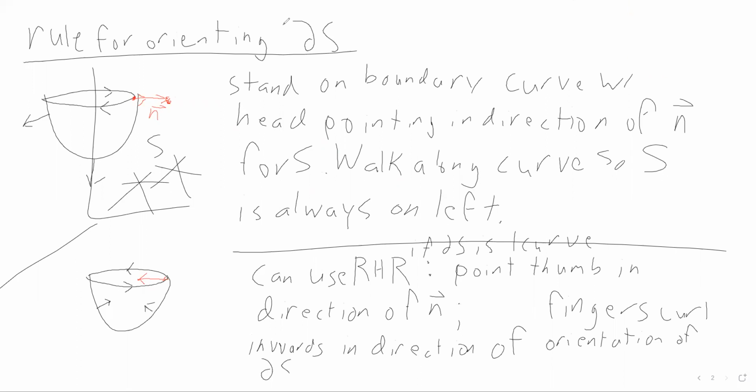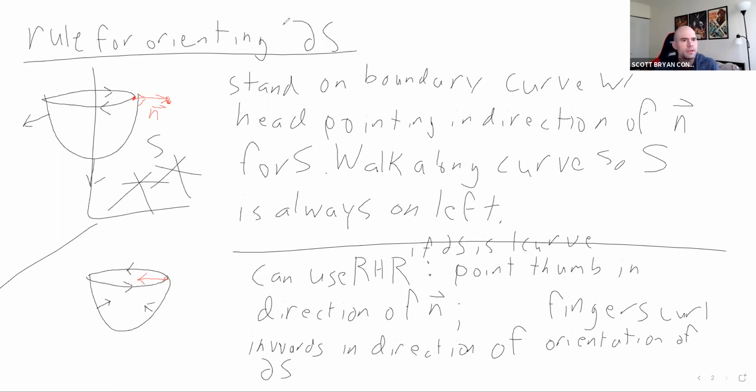So in this example, would your body still be facing along the curve, but you would turn your head either outward or inward? For the first rule I gave, yeah, the normal would tell you which direction your head's pointing, either towards one side of the surface or towards the other.